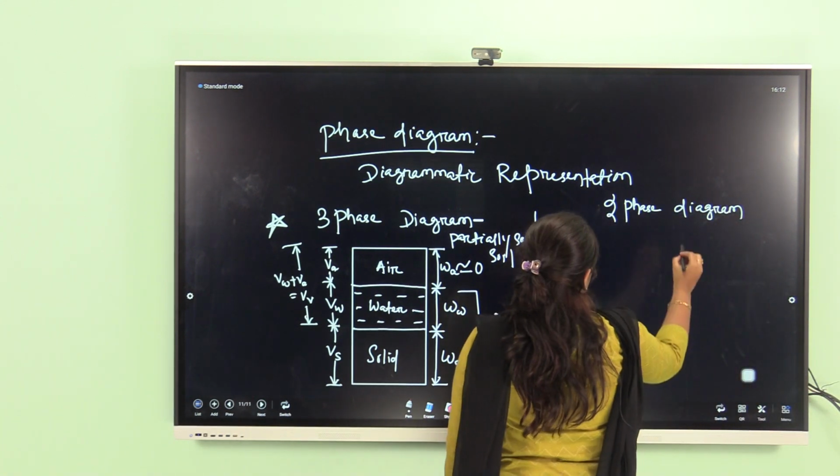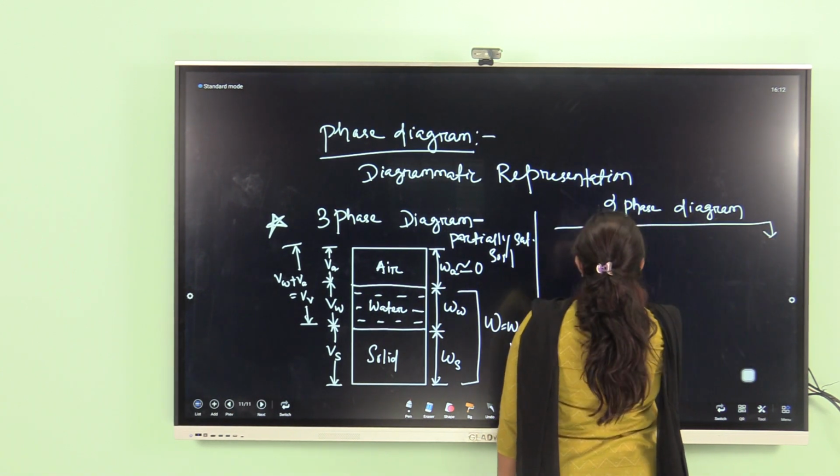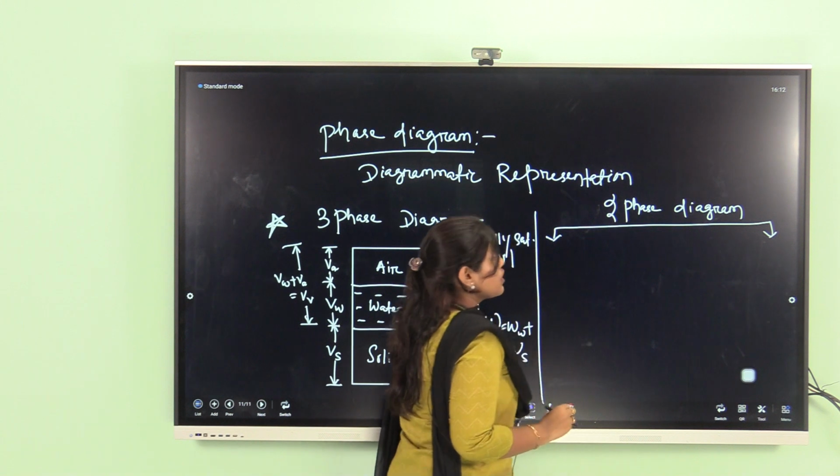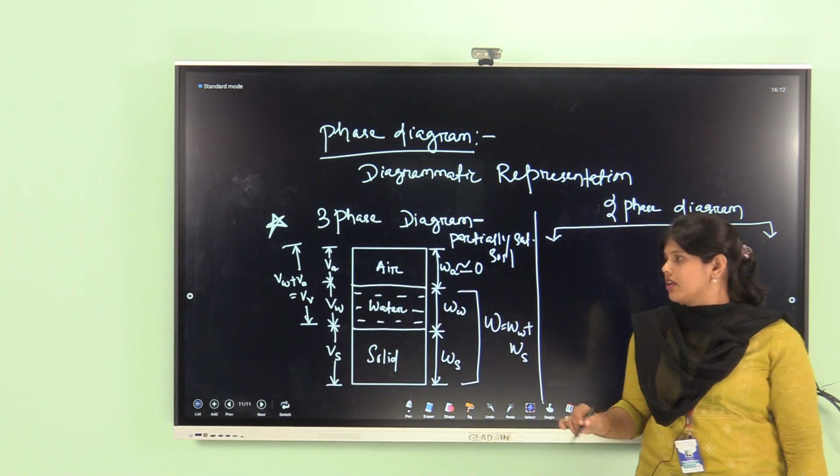The two-phase diagram is divided in two parts. One is fully saturated soil, another one is dry soil.